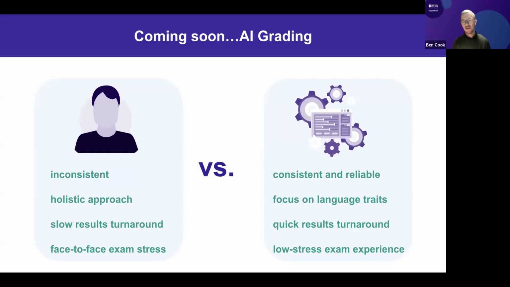And then lastly, if you're in a face-to-face exam with a human rater, that can be quite stressful for people. Not everyone. Some people enjoy that social interaction side of things, but it can be quite stressful as a test taker. Whereas if you have an AI graded test delivered on a phone or on a computer, you avoid that face-to-face stress.